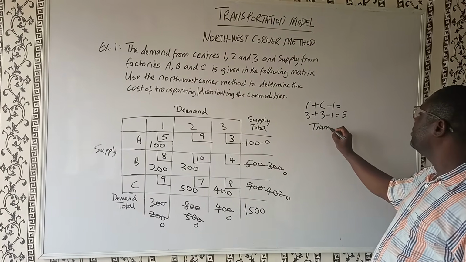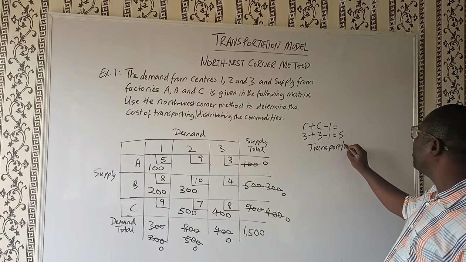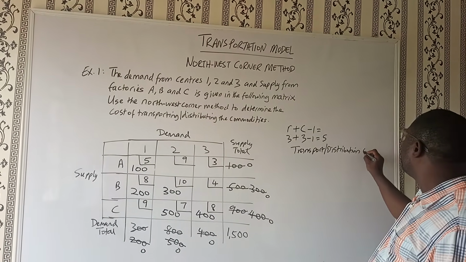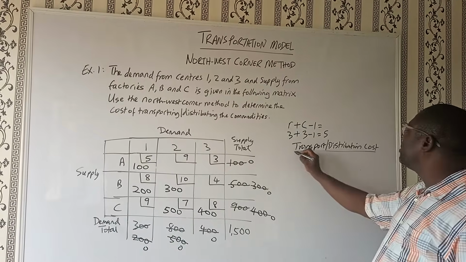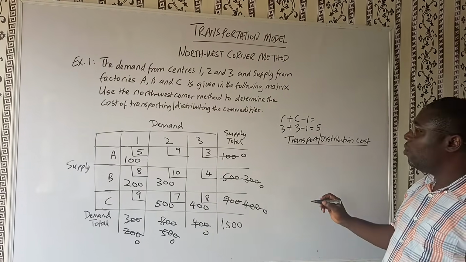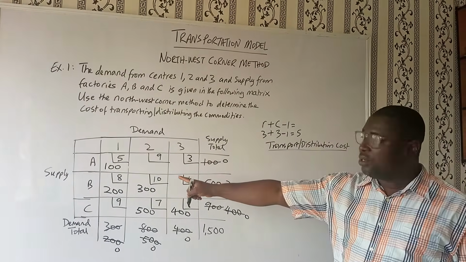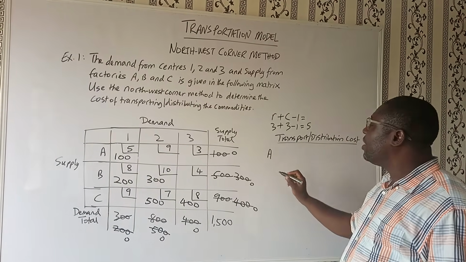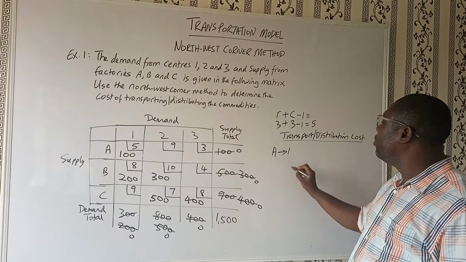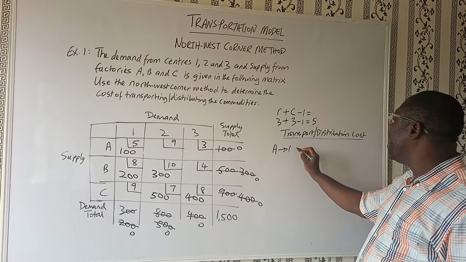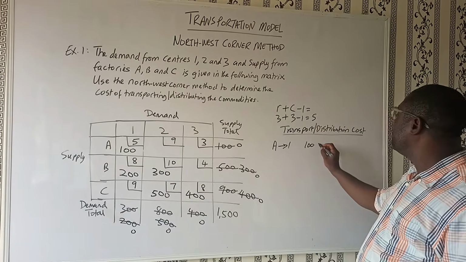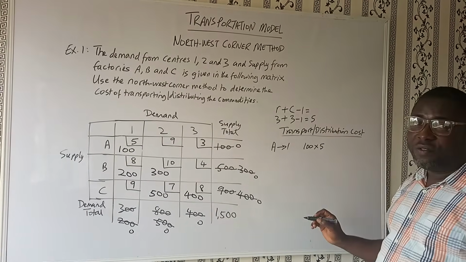Transport or distribution costs. To do this, follow me. From factory A to center 1, we have 100 tons times 5 naira.